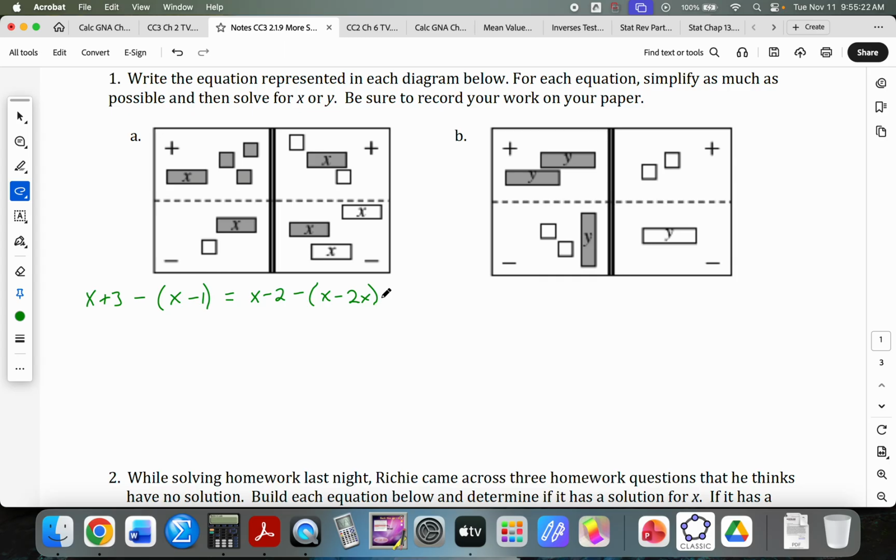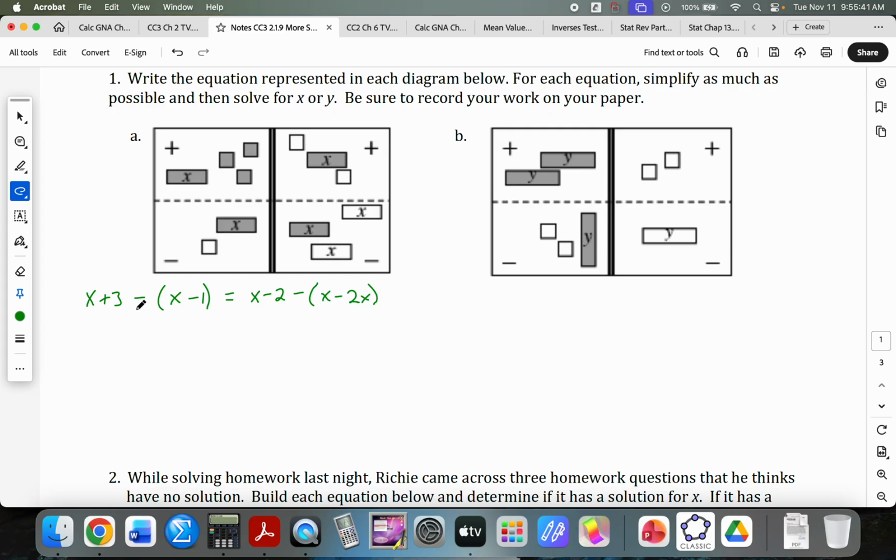So far, so good? Everybody good with writing the equation? Okay, so here we're just translating what's in the picture to an equation. Then from there, let's simplify as much as we can.